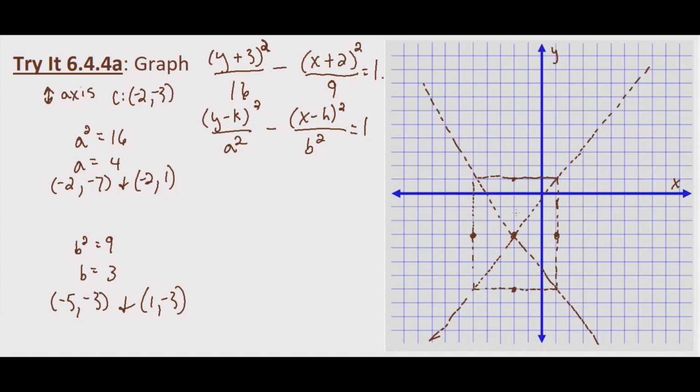And then last but not least, we know it opens up and down, so we draw in the hyperbola with the curve starting at the major axis vertices and then infinitely approaching those asymptotes.